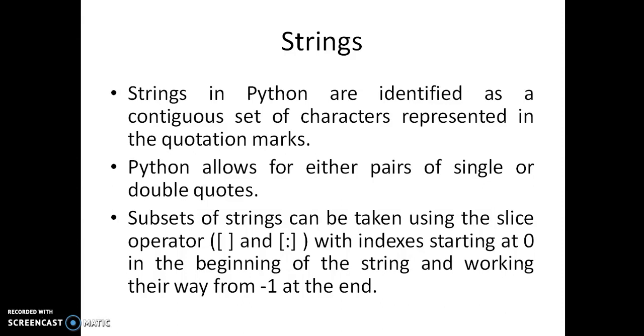If you write square brackets with a colon, before the colon we give a starting index and after the colon we give the end index, which gives the set of characters from the starting index to the ending index. If we give an index as a negative value, then it takes the characters from the end.